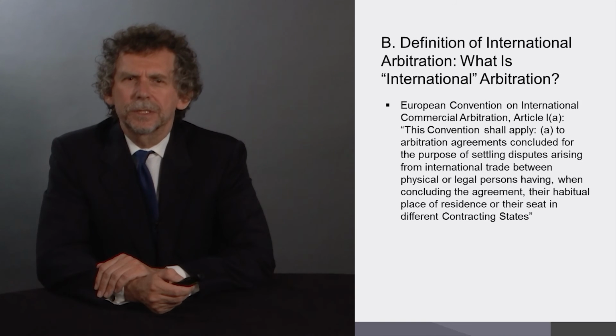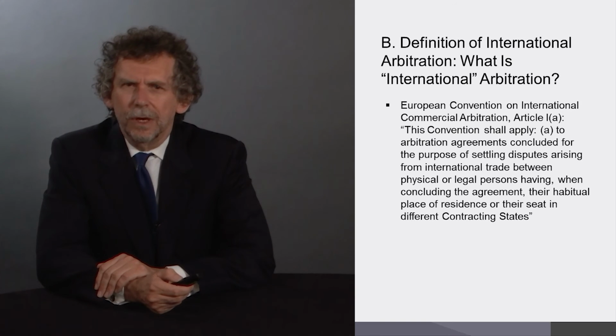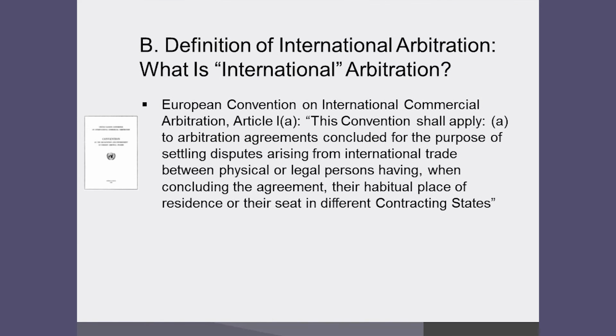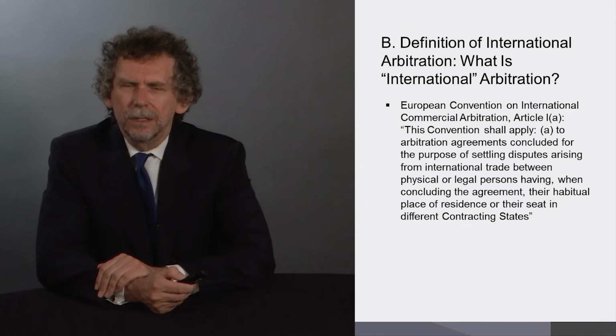Its title suggests its focus on international arbitration as opposed to domestic arbitration, and Article 1, subparagraph A limits the scope of the application of the convention solely to arbitration agreements concluded for the purpose of settling disputes arising from international trade between physical or legal persons having, when concluding the agreement, their habitual place of residence or their seat in different contracting parties: disputes and arbitration agreements between parties of different nationalities, international arbitration, not domestic arbitration.